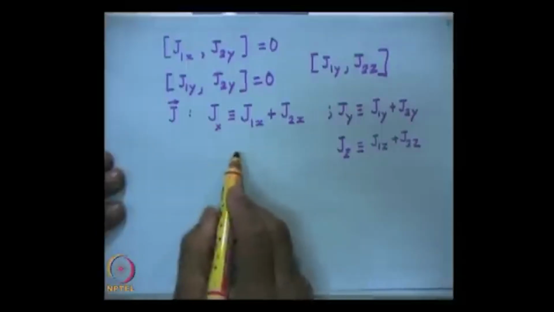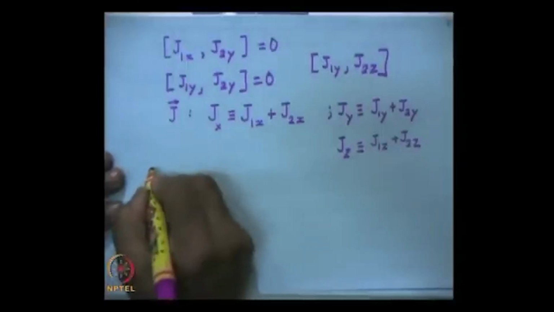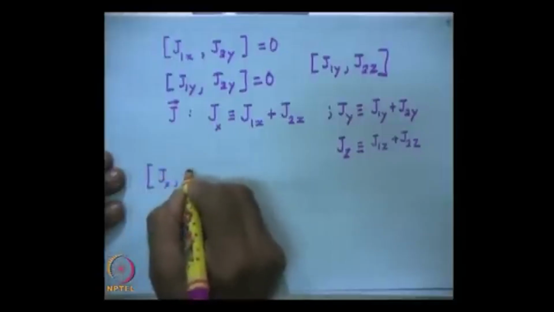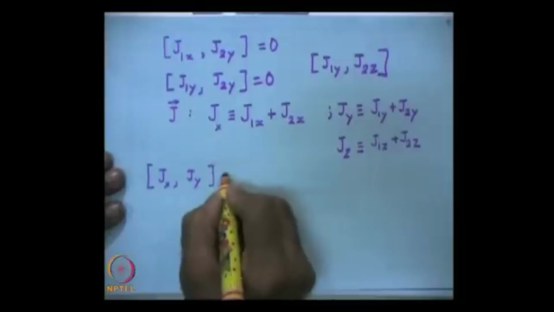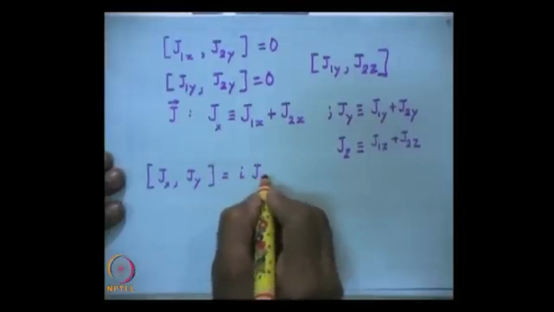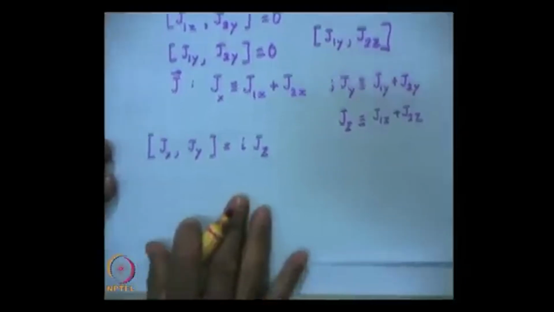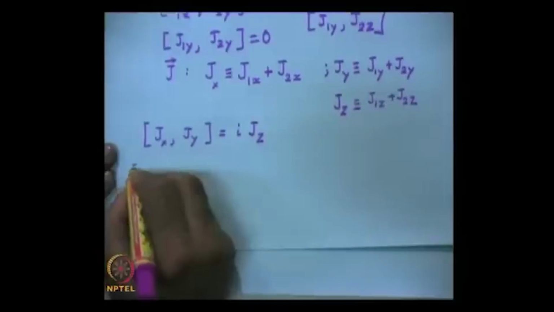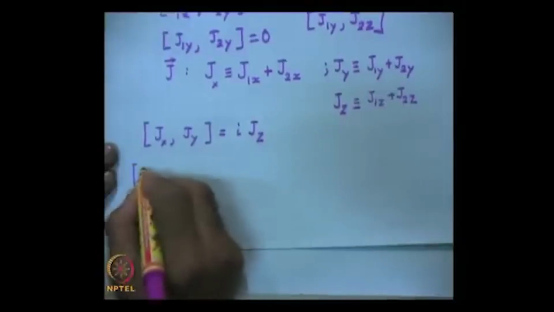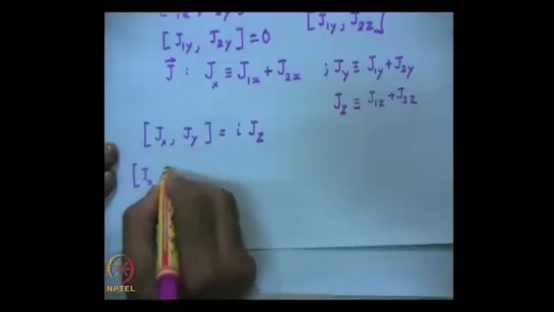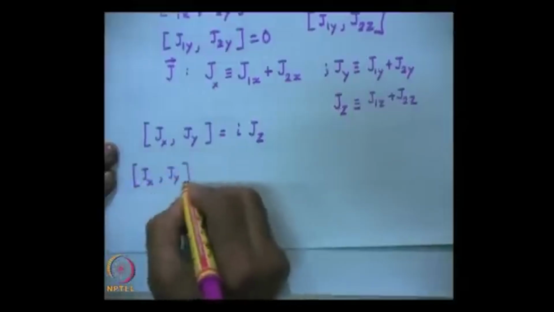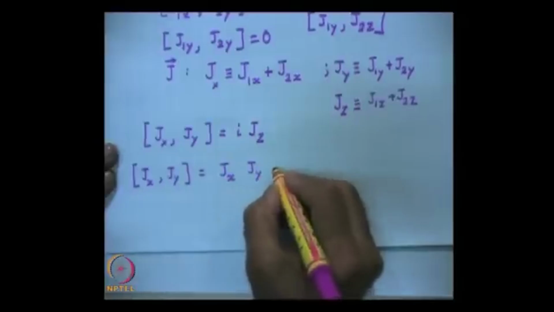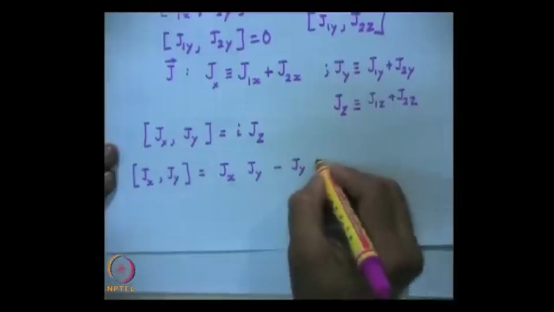and we will now prove that [Jx, Jy] is equal to i times Jz. The proof is really simple. So, we first write down, let us do this carefully, [Jx, Jy] is equal to JxJy minus JyJx.